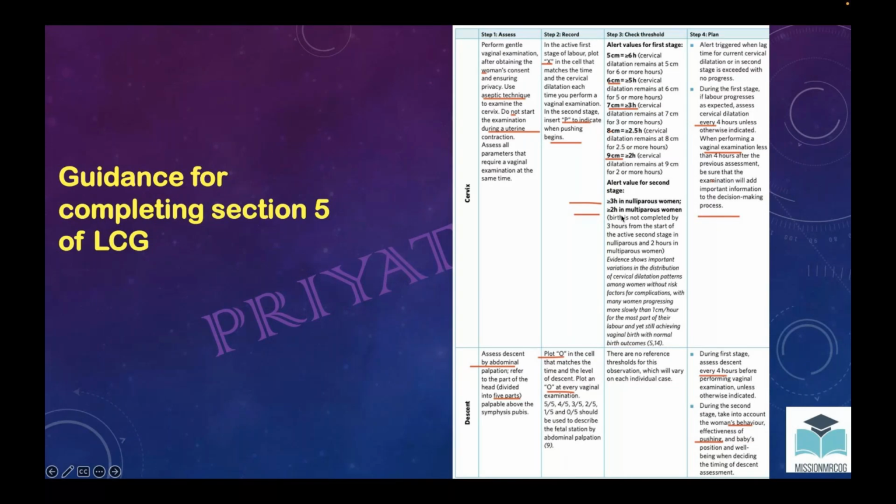Now if a parameter comes in alert, then they will speak to the healthcare professional, and if everything is fine, then they will do assessment of the labor every 4 hours.